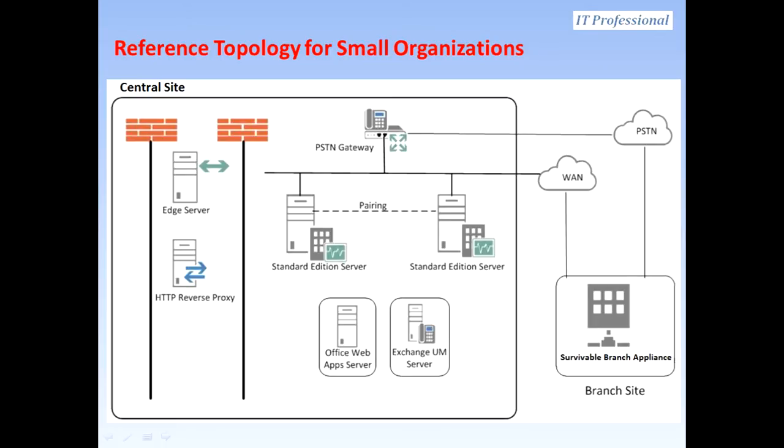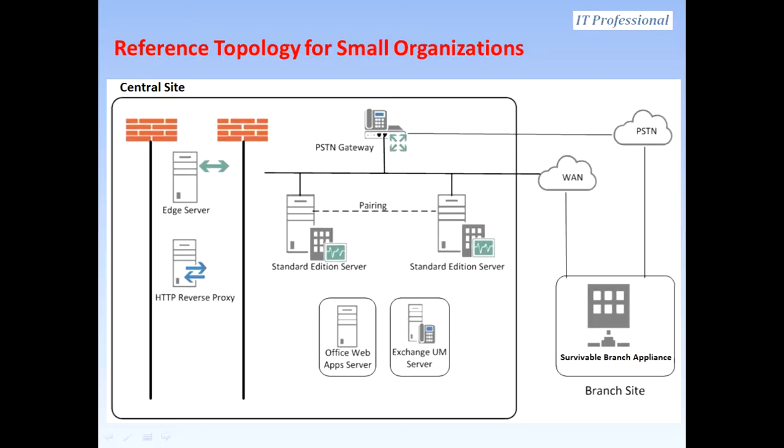We have here a PSTN gateway, we have also Edge server, we have Office Web App server, Exchange Unified Messaging server, we have also survivable branch appliance, which is a branch site there, and also we have HTTP reverse proxy.